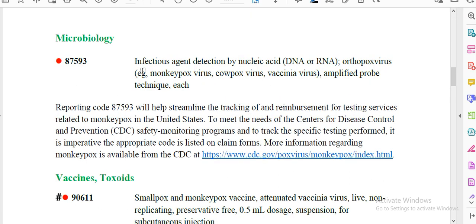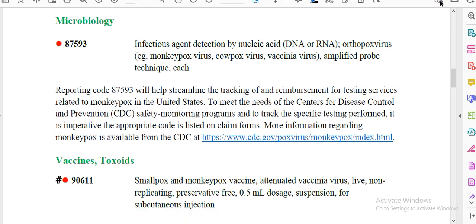In microbiology we have this new code 87593. Infectious agent detection by nucleic acid, DNA or RNA, orthopox virus, like monkeypox virus, cowpox virus, vaccinia virus, amplified probe technique, each. So if we find this in the pathology section, we need to code 87593.